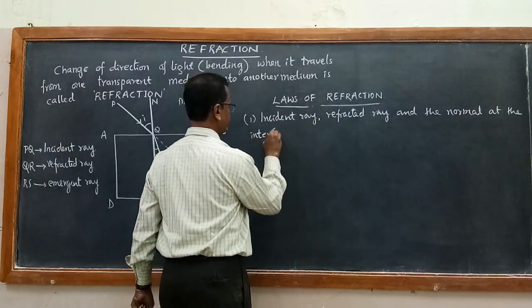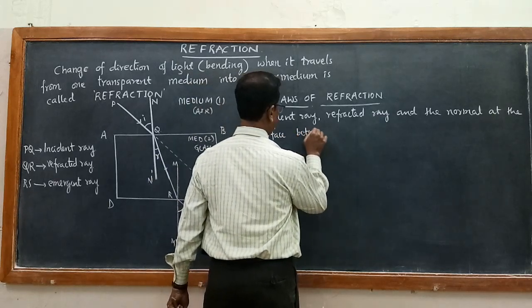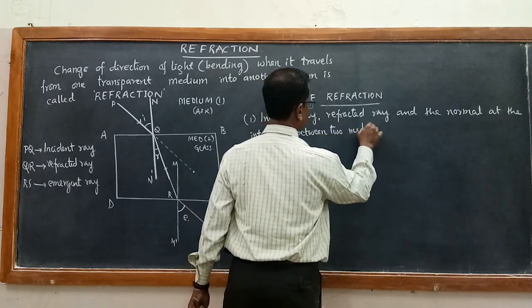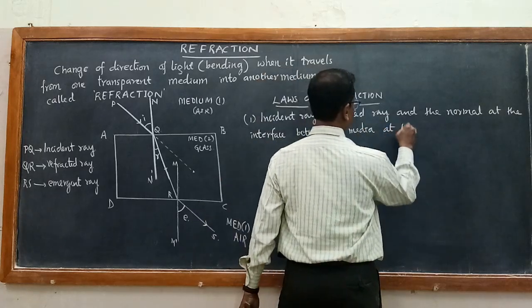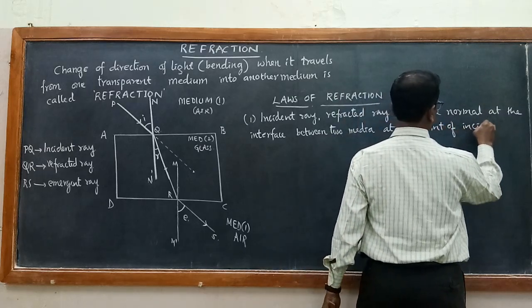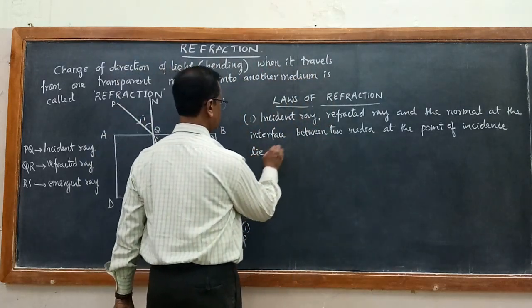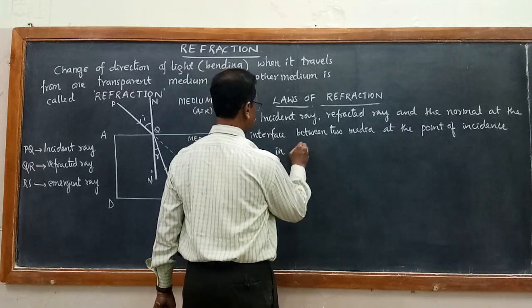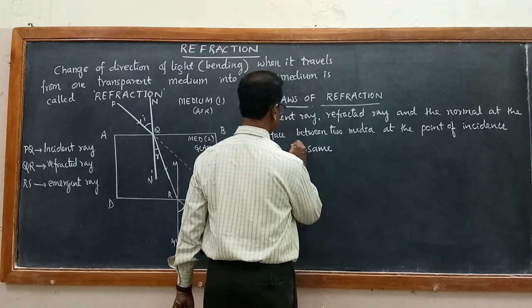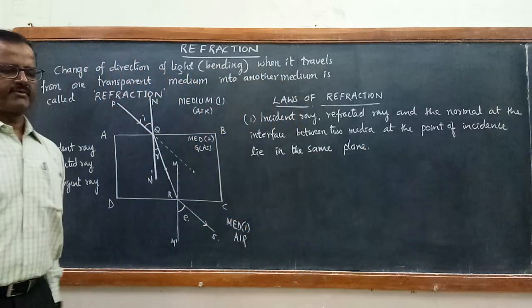Normal and the interface between two media at the point of incidence lie in the same plane. This is called the first law of refraction.